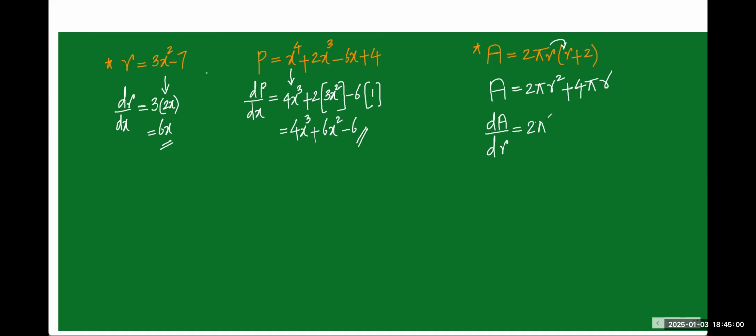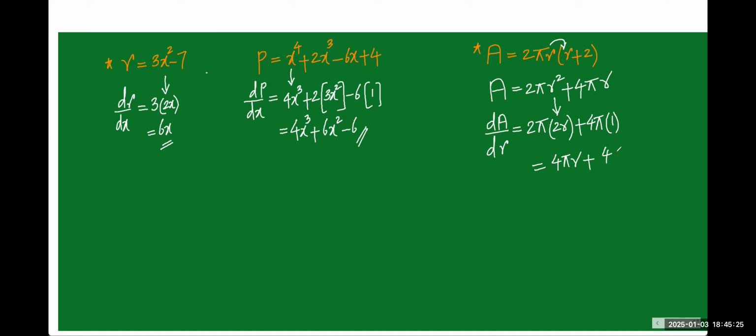Will you accept it? What about the derivative of r square with respect to r? 2r, correct. Plus 4 pi, this one will just be 1, right? So the answer is 4 pi r plus 4 pi.